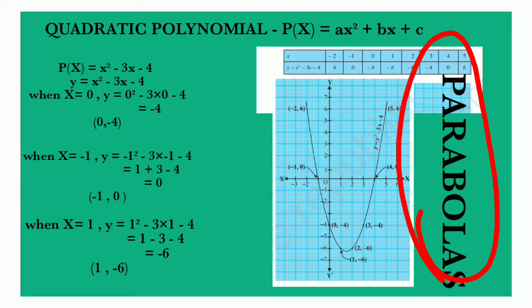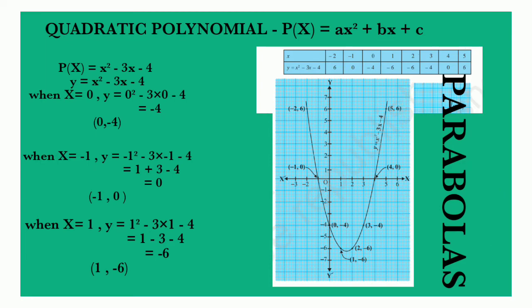Okay. Also, this curve touches the graph at 2 points. What are they? On the x-axis, one is 4, 0 and the second one is minus 4, 0. So we can conclude that minus 4 and 4 are the two zeros of this given quadratic polynomial, because minus 4 is the x coordinate and 0 is the y coordinate, and 4 is the x coordinate and 0 is the y coordinate.